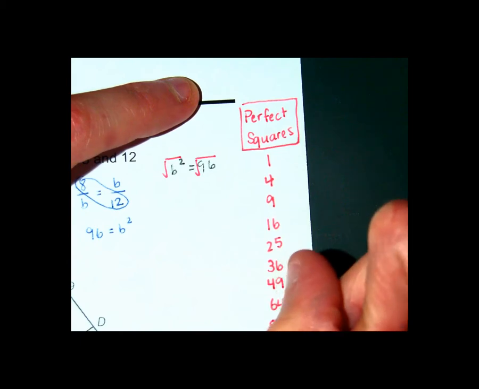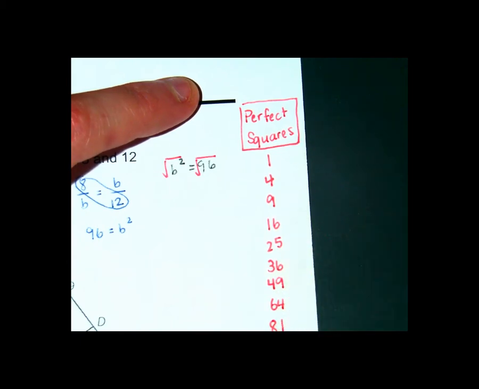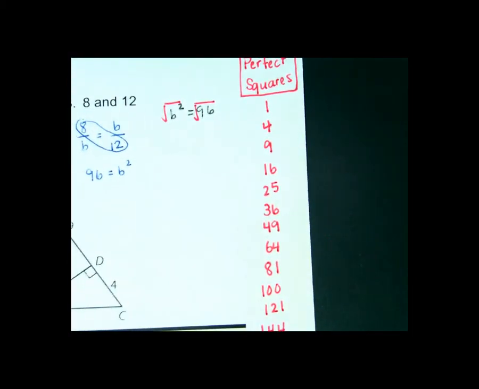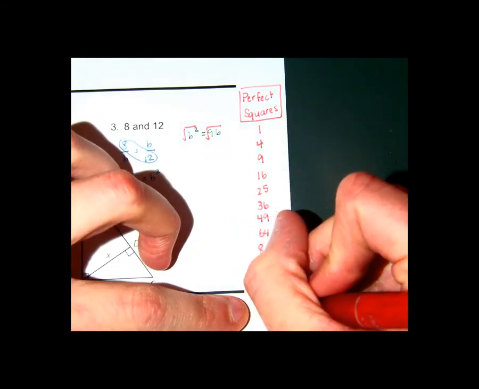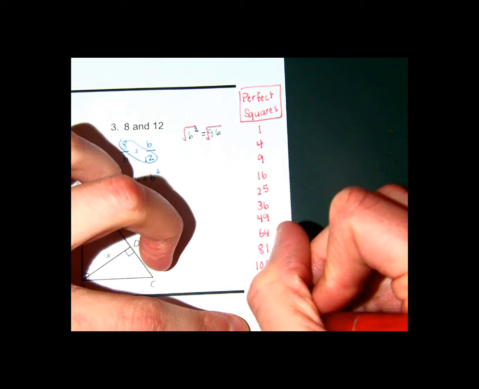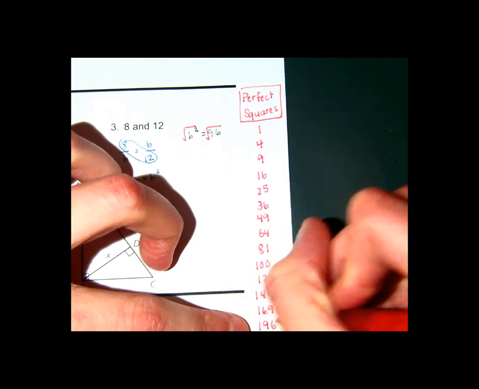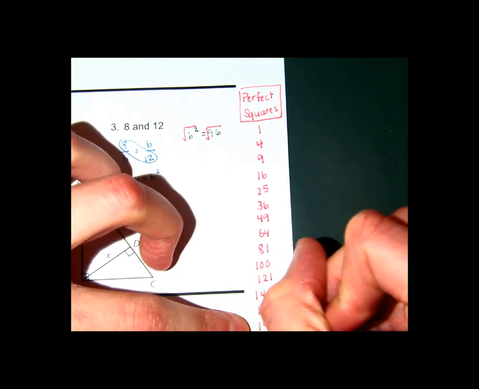We're going to go to 15. 144. So there's 12. 13 squared. 14 squared. And 15 is 225. We're going to stop there.